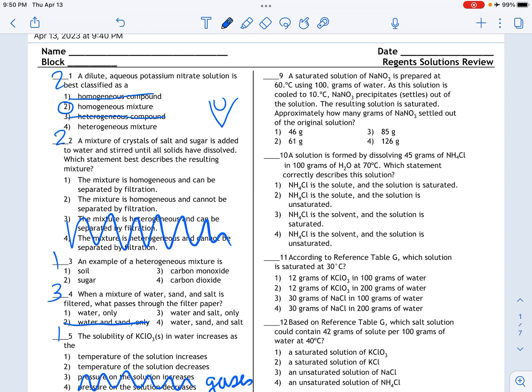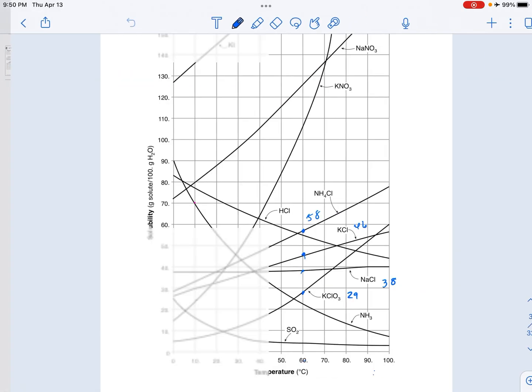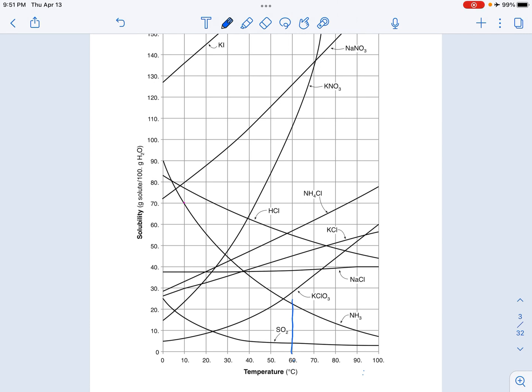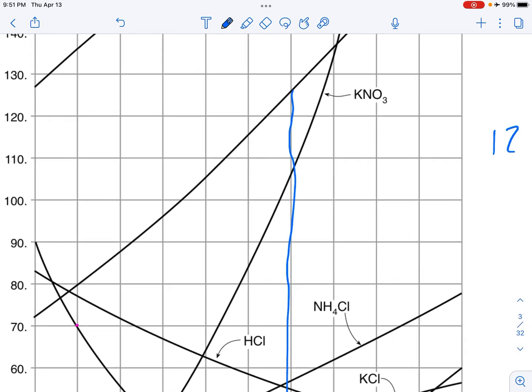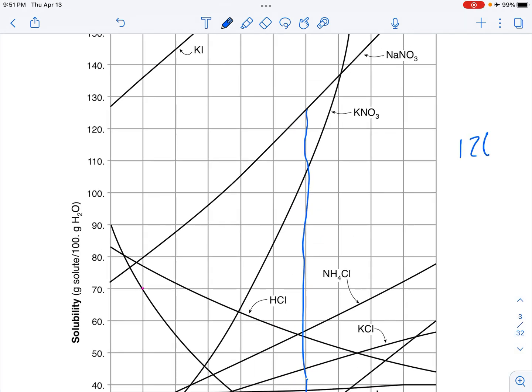So we need to go to table G, NaNO3. NaNO3 at 60 looks like 126.